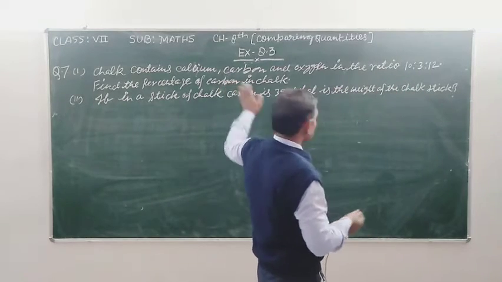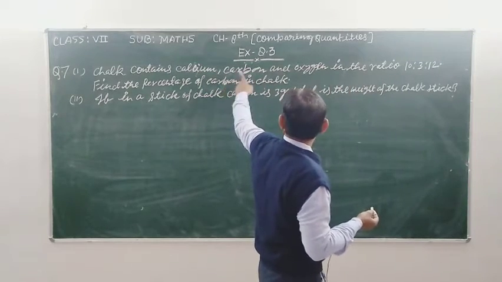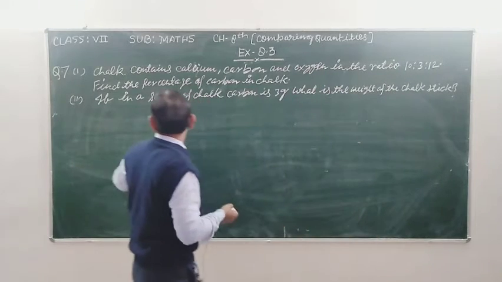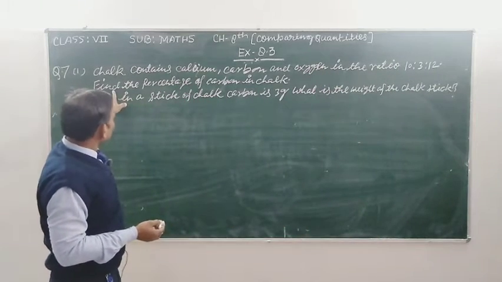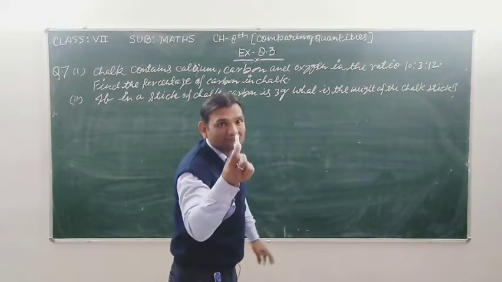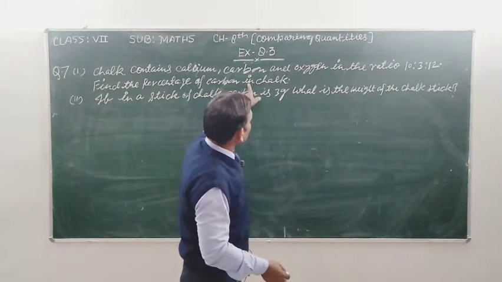Means if in chalk calcium is 10, then carbon will be 3 and oxygen will be 12. So student, the question is saying, find the percentage of carbon. Only find the percentage of carbon in this chalk. Percentage of the carbon in the chalk.